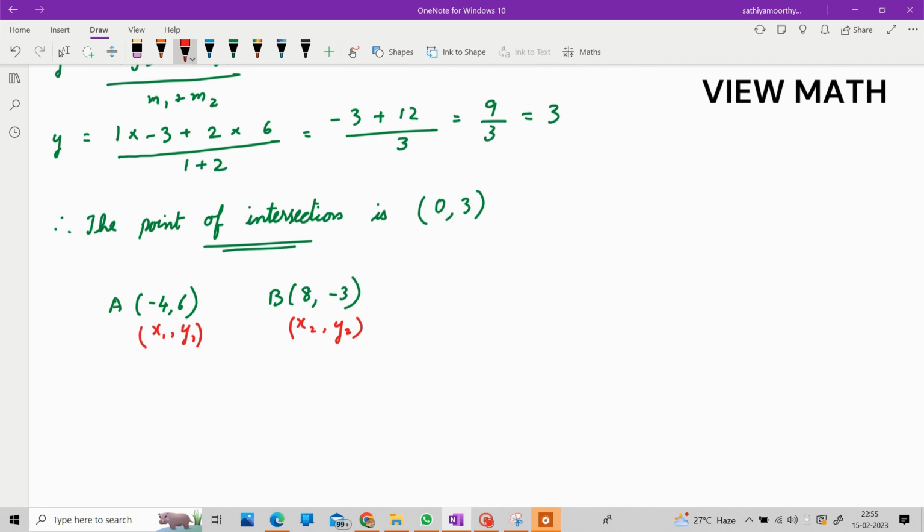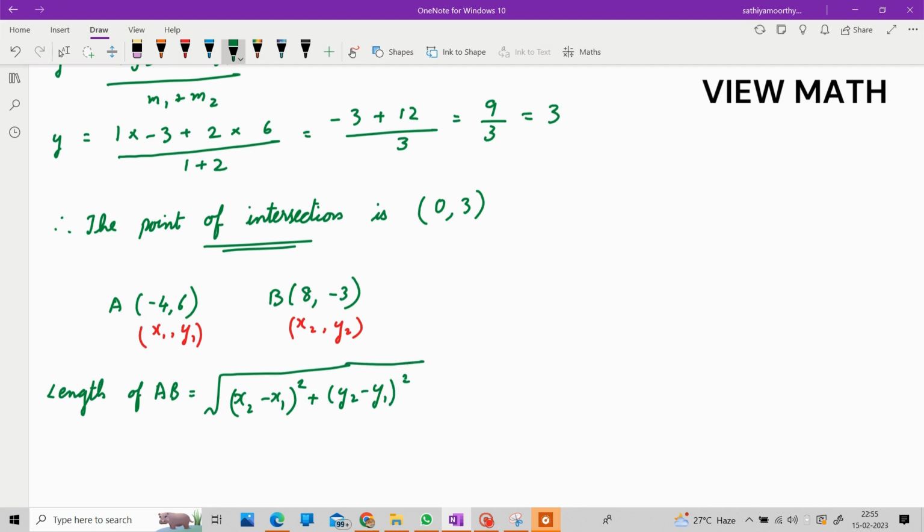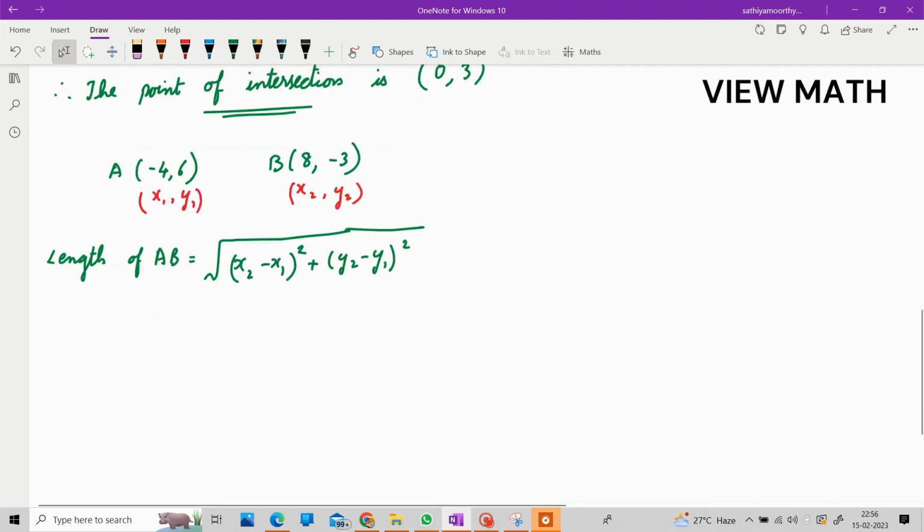Okay. Now what is the length formula? Length of AB is equal to the square root of, first let me write the formula, (x2 minus x1) the whole square plus (y2 minus y1) the whole square. So let me substitute in this formula to find out the length of AB.